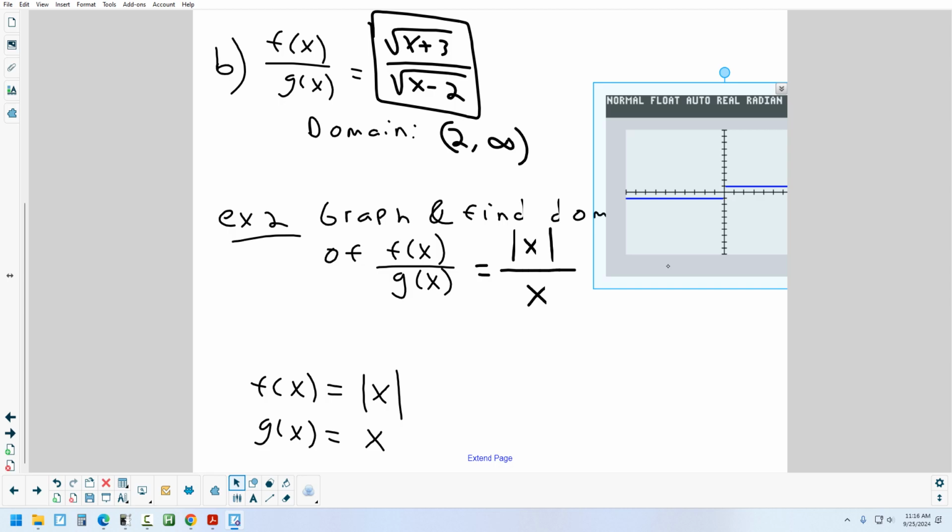No, so I don't have to worry about taking the square root of a negative. Are there any fractions with variables in the bottom? Yes. Then I do need to worry about dividing by 0. What number would I not be allowed to fill in right there? Because if I did, I'd be dividing by 0. Yeah, 0. So the domain is all numbers except 0.